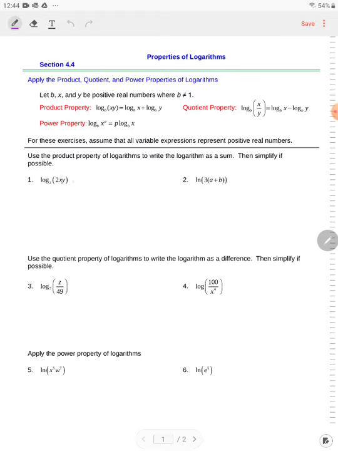So if you notice, the first logarithmic problem has three terms in it, 2, x, and y. So we're going to write log of 2 base 2 plus log x base 2 plus log y base 2.